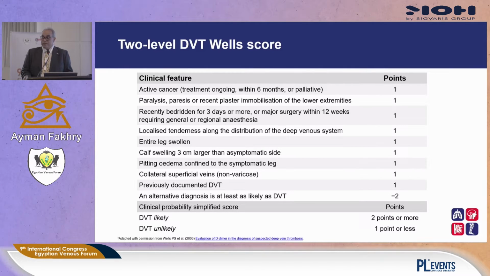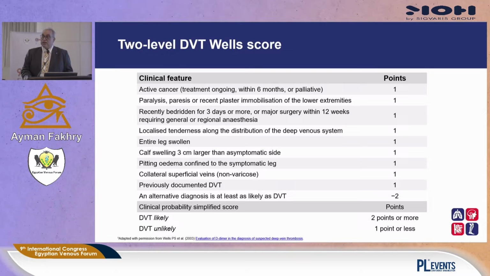This is also a very important Wells score, not to predict, but to diagnose cancer-associated thrombosis. This is a very important score, it can give you the probability. If the patient has 2 points or more, he is more liable for VTE.